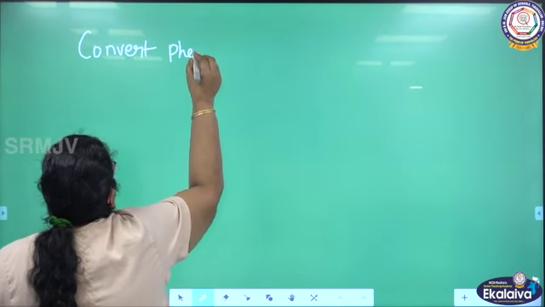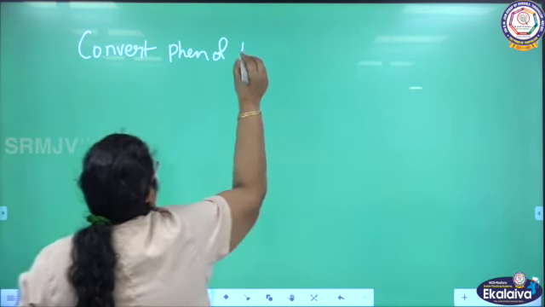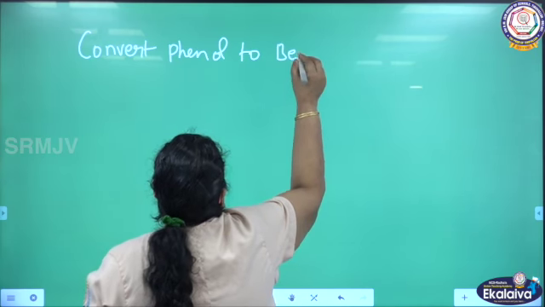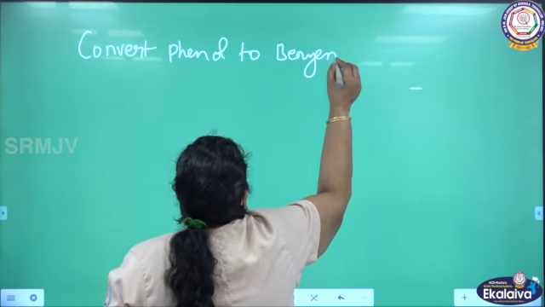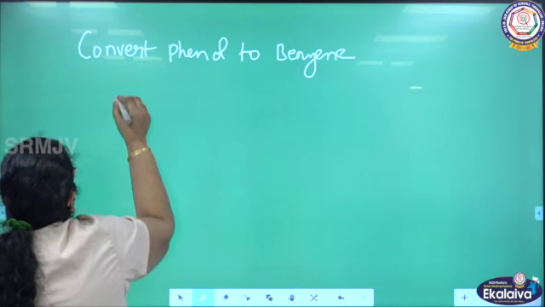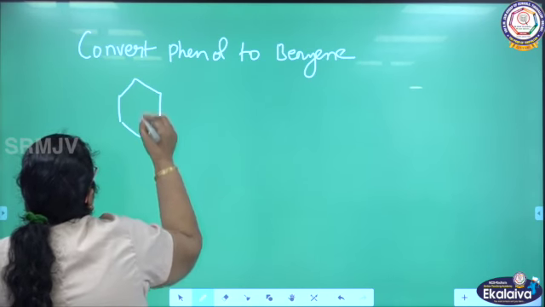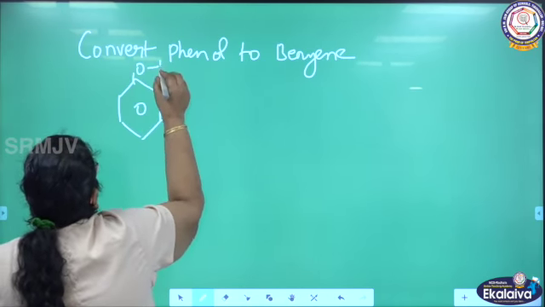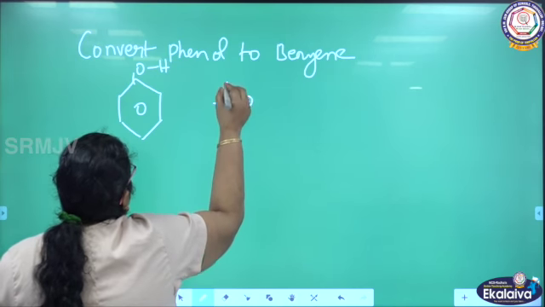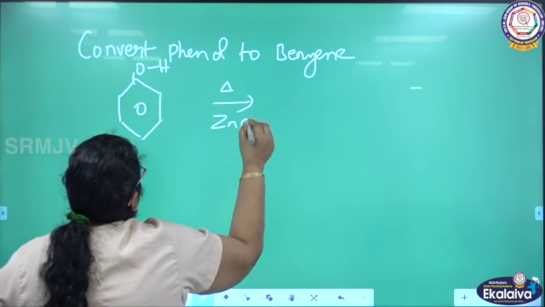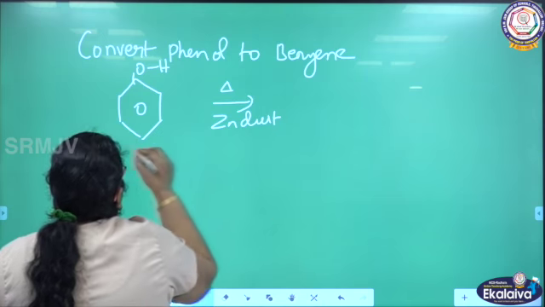convert phenol into benzene. When phenol is heated with zinc dust, so this is actually phenol.